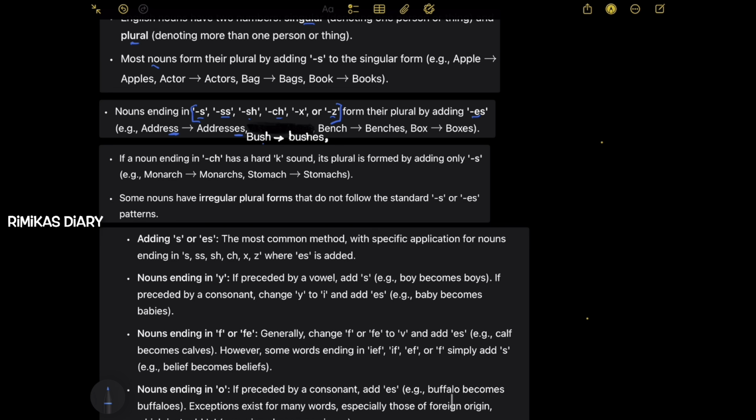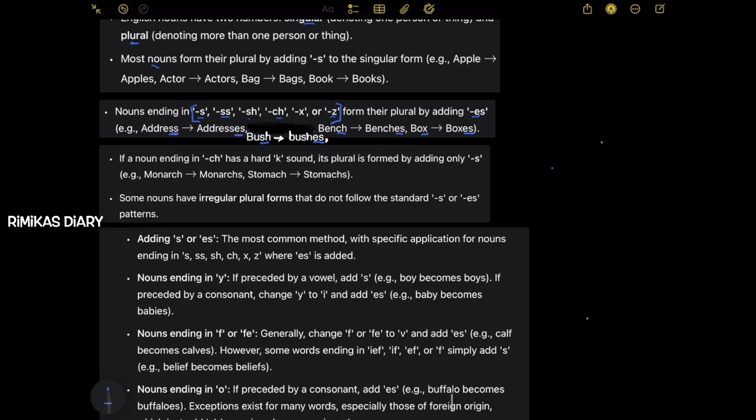Bush ends with sh, so we add es. Bench ends with ch, so we add es. Box ends with x, so we add es. Address, addresses. Bush, bushes. Bench, benches. Box, boxes.